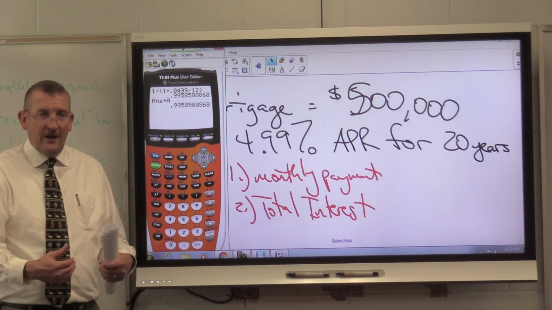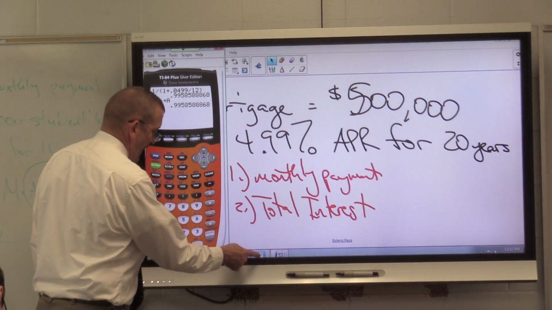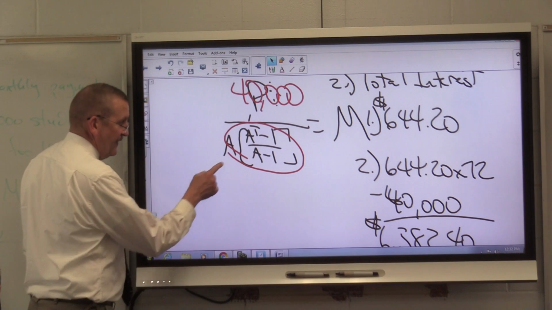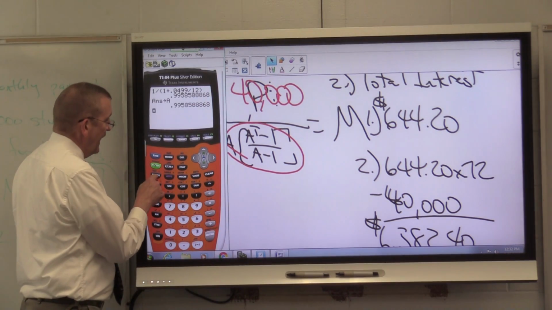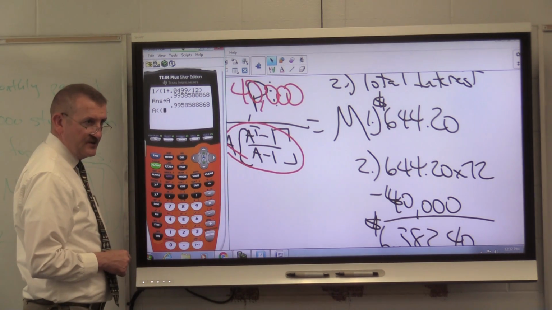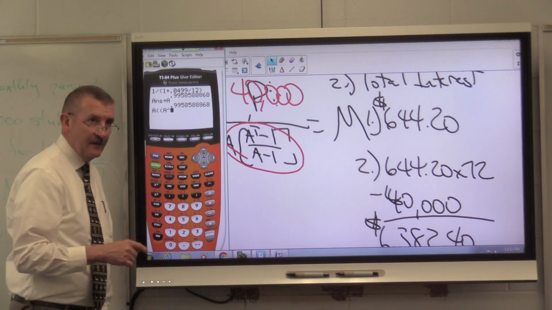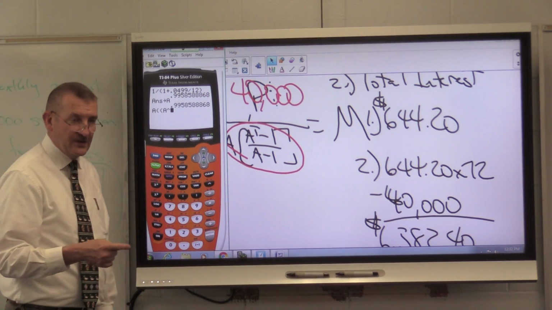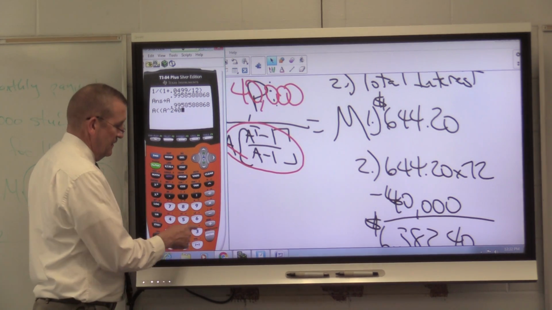And now, what do I do? I take and I calculate what? I calculate this value again. So what do? A times 2 parentheses, A to the what? 20 years monthly is what? 240 payments.